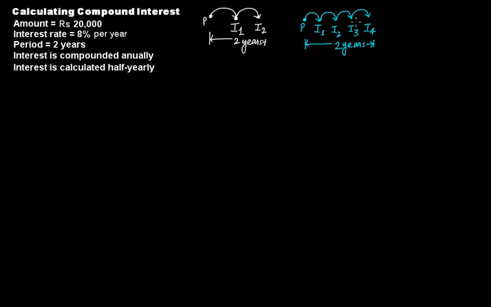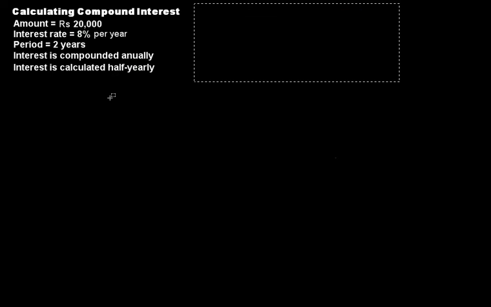Now let's understand this through calculation, because this was the theoretical portion. First we'll do it for interest compounded annually. We have the principal.